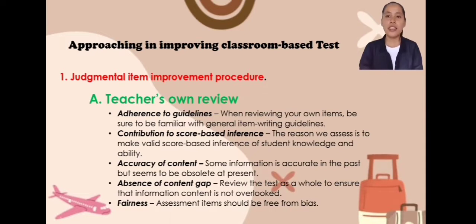Fairness. Assessment items should be free from bias. The discussions on item writing guidelines always give warning on unintentionally favoring the uninformed students to obtain higher scores. These are due to inadvertent grammatical clues, unattractive structures, ambiguous problems, and missed test instructions.